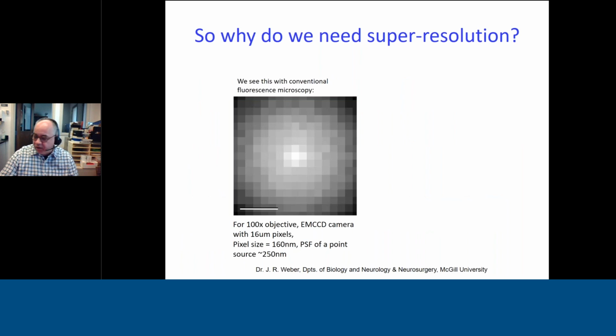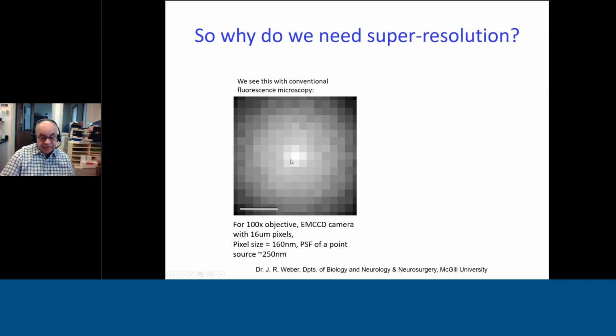Now, before I get into the actual anatomical data, let me ask the question, why do we need super resolution microscopy for that at all? I like showing this slide when I try to answer that question, because imagine this to be an image from a biological sample taken on a wide field microscope through a 100x objective using an EMCCD camera with small pixels, and you have a pixel size of about 160 nanometers.